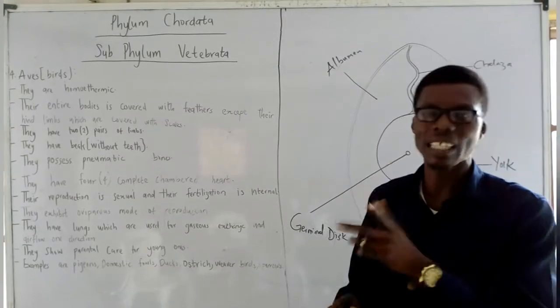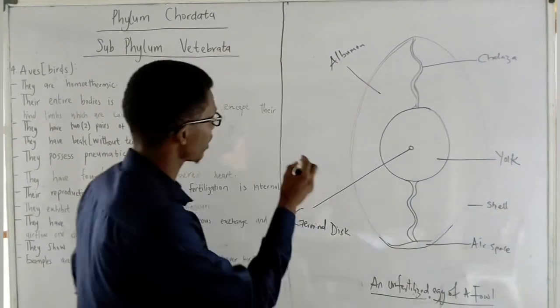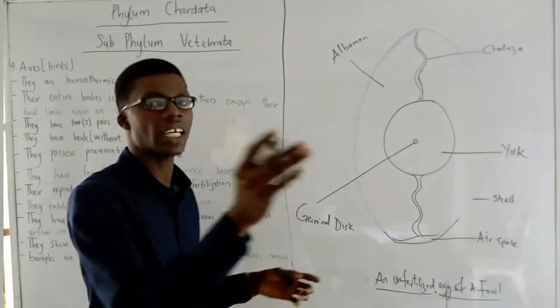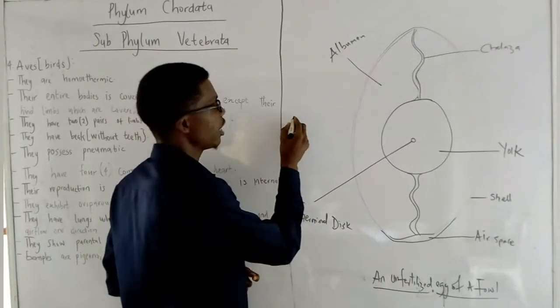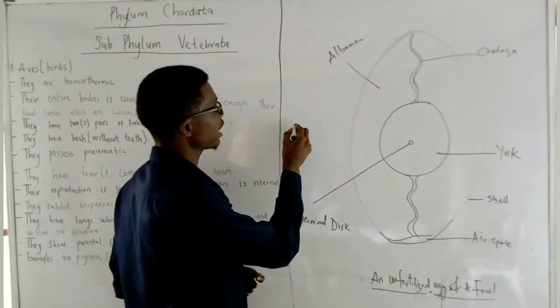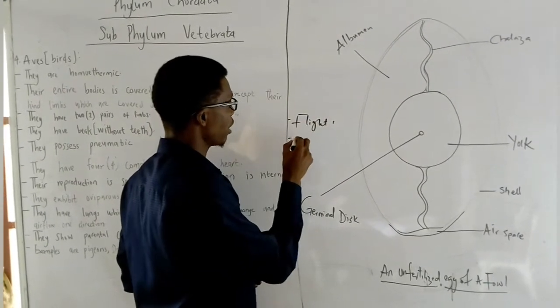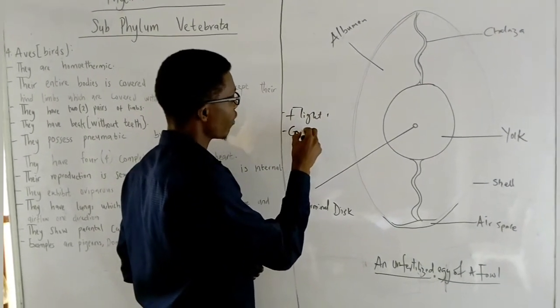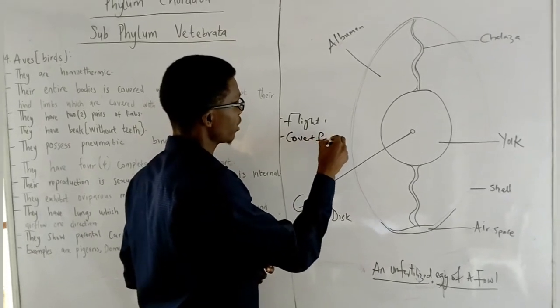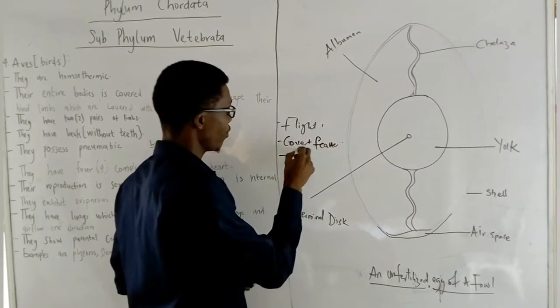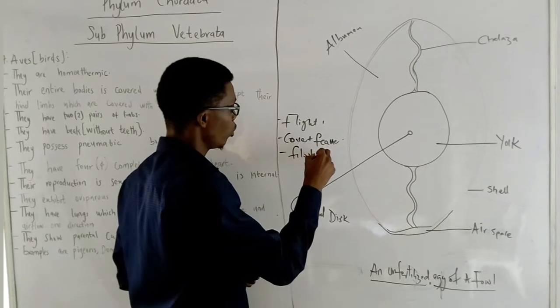Now before I leave that, let me quickly talk about feathers. Birds or chickens have feathers. The first one they have is called flight feathers. Then we have covert feathers. Then you have phylloplumes.